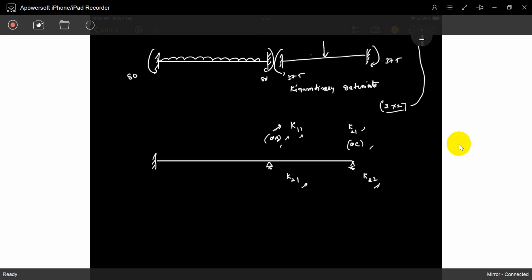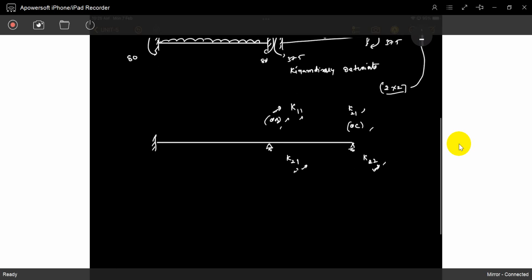That is a stiffness. Next, if you apply a unit rotation here, find out the force generated here and the force generated here. If you give a unit rotation at one location, arrest everything else. That is how you develop the stiffness.